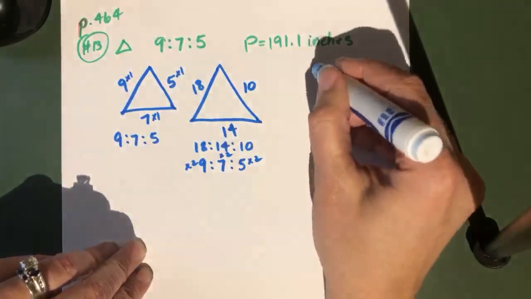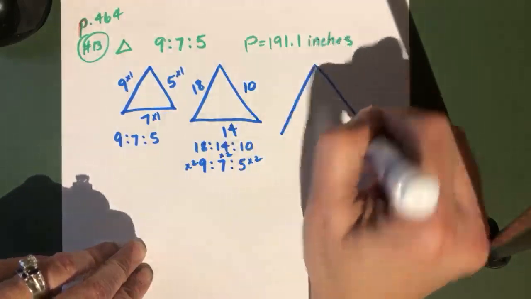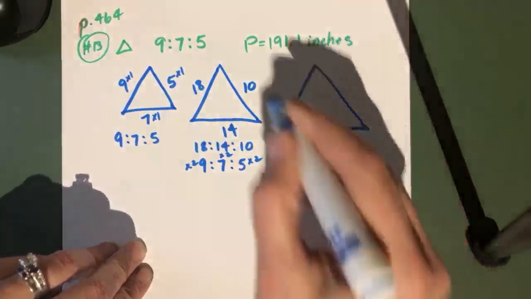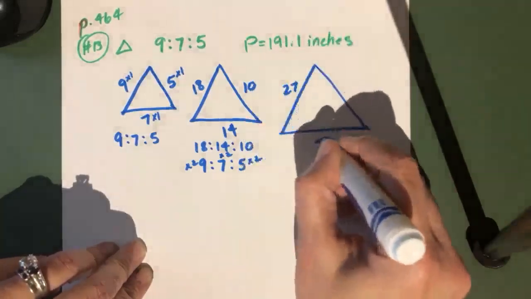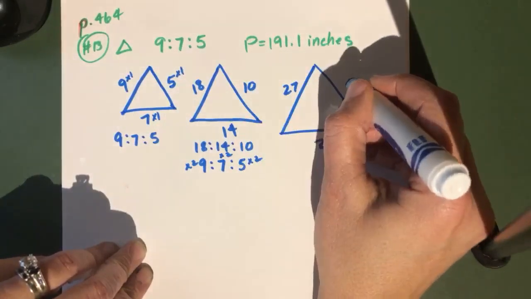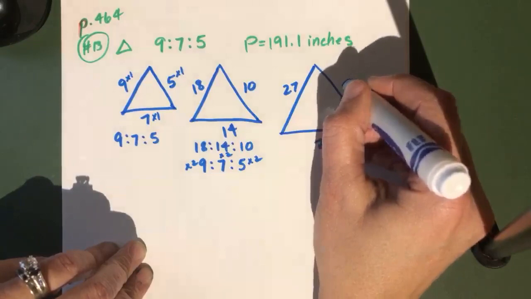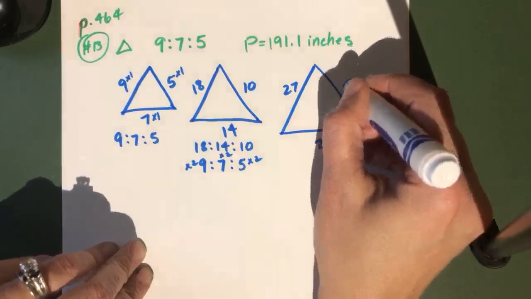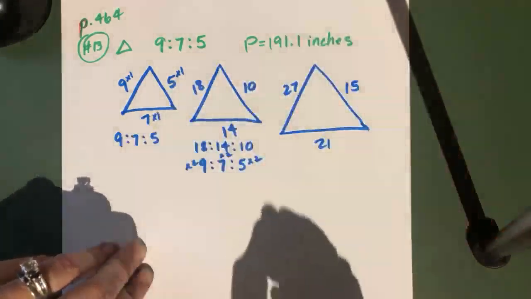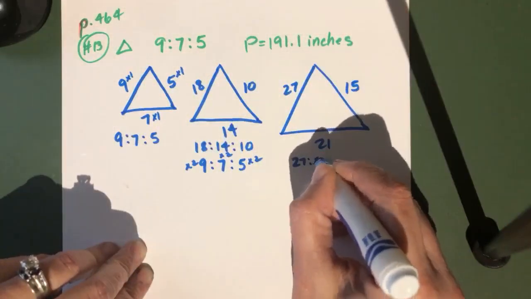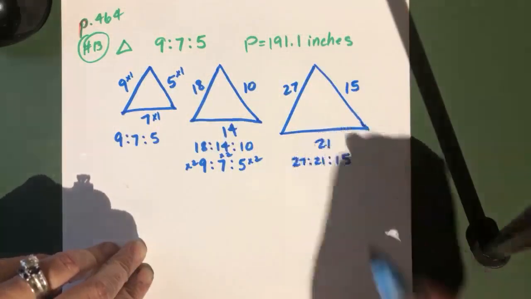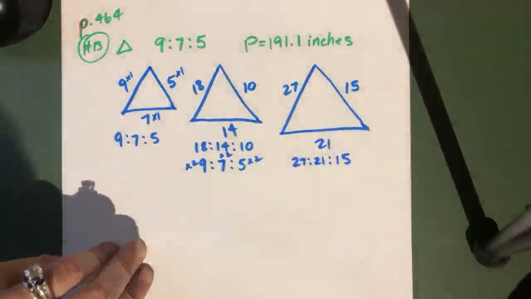Okay. Well, let's do another one. Let's draw another triangle that's 9 to 7 to 5. Okay. So let's say we've got 27, 21, and 15. So what are the ratios of these sides? These sides form a 27 to 21 to 15 ratio. But again, let's reduce this.